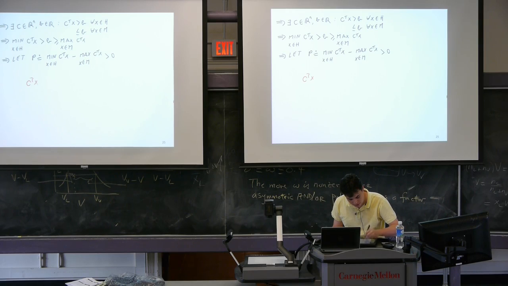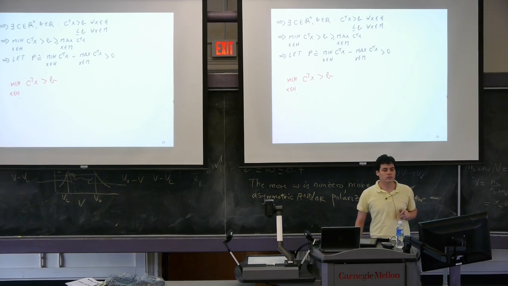That we have this C transpose X. We know that it's always larger than B. What was the other way of constructing?